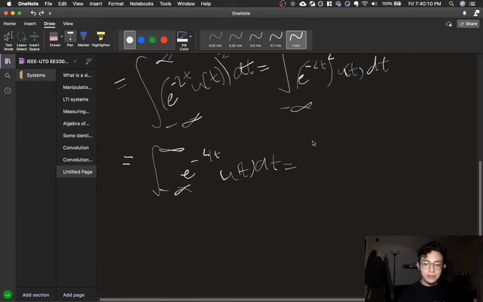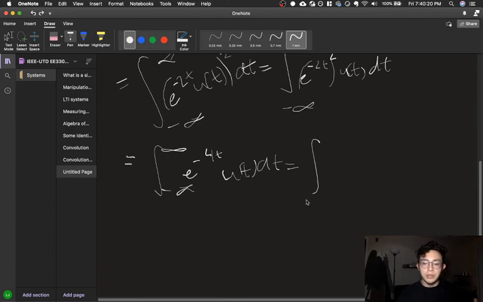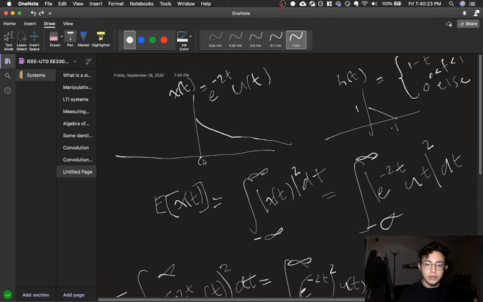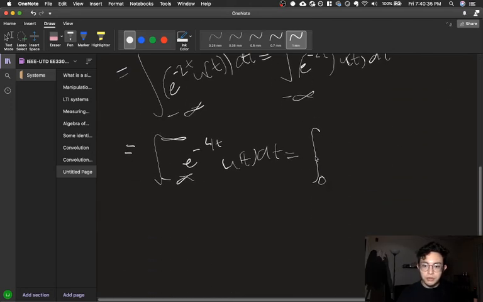So when we integrate over a step function, the integral will just be taken over the boundaries of the step function. Since the step function goes from 0 to 1 at 0, we integrate over the support, starting at 0 and going all the way over. So this will be from 0 to infinity, e to the negative 4t dt. This operation gets rid of the step function.